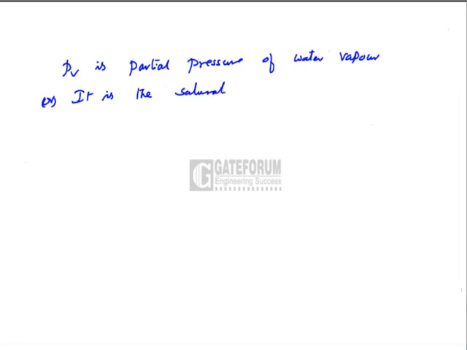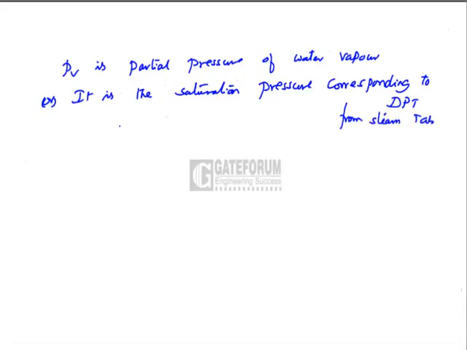PV is the partial pressure of water vapor, or it is the saturation pressure corresponding to dew point temperature from steam tables, which is given in the data itself.